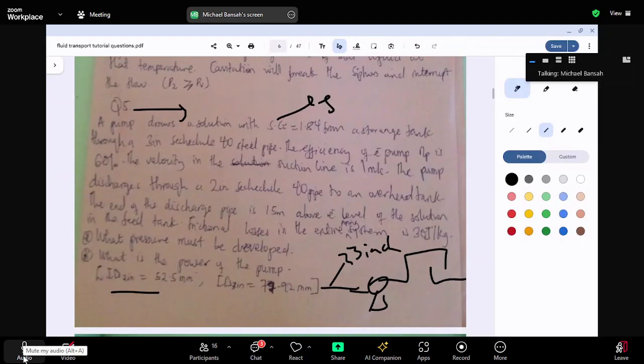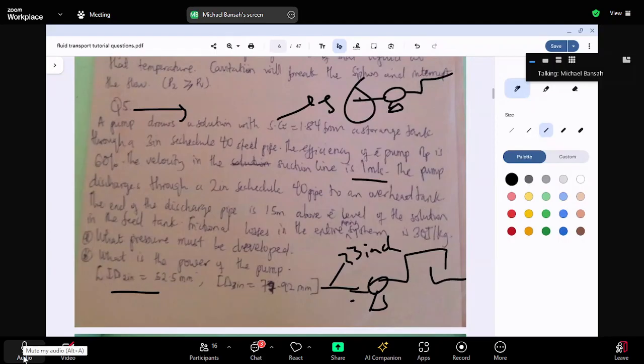The efficiency of the pump, that's NP, is 60%. The velocity in the suction line, and I told you that the suction line is before the pump, so any point along the suction line, is 1 meter per second.